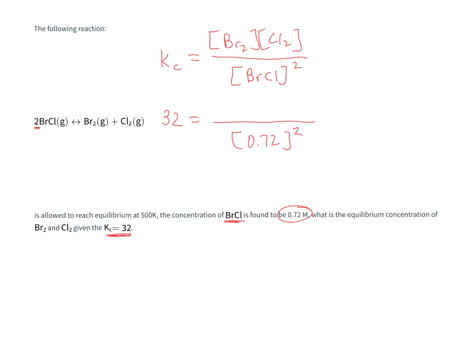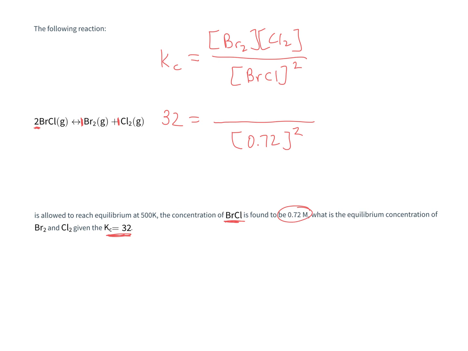But if we look at the balanced chemical equation, we see for every 2 moles of bromine chloride that go in the reaction, I'm going to produce 1 mole of bromine and 1 mole of chlorine. Right, so both of those, the bromine and the chlorine, are going to change at the same rate because their coefficients are the same. So for every 1 mole of bromine, I'm going to make 1 mole of chlorine.